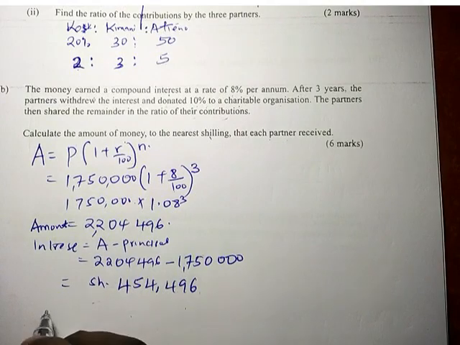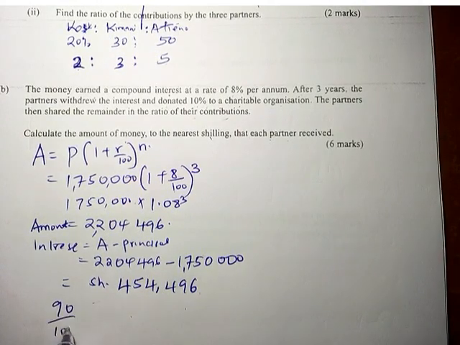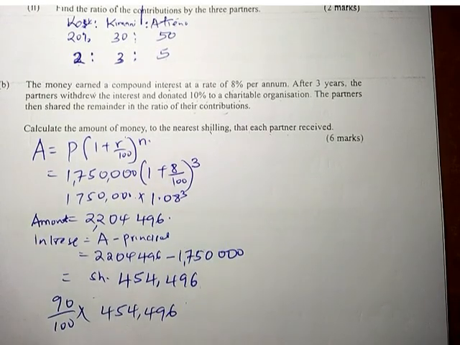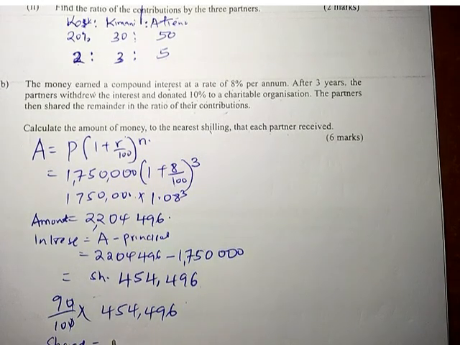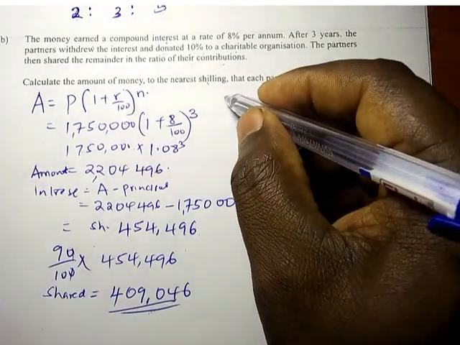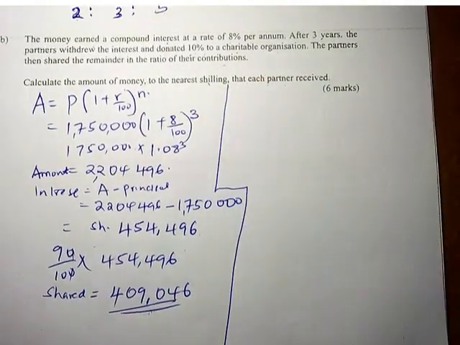So we can directly say 90 over 100 times this. So the money to be shared is equal to 409,046. So this is the money that they are going to share in their ratio of contribution.